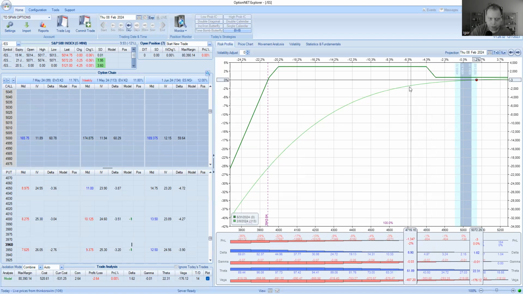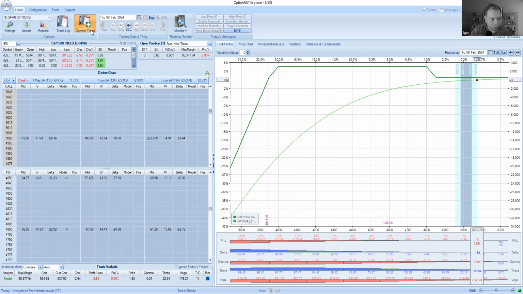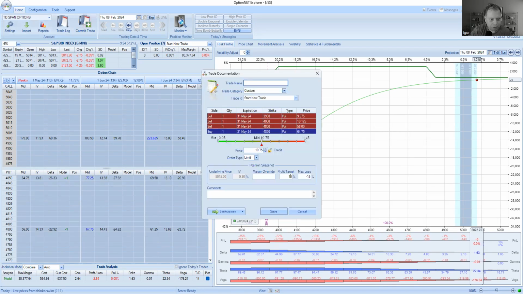Or if things get really, really serious and the market continues to trade lower, that put debit spread that I'm looking to bring in as a hedge is going to help me hold this trade a little bit longer and maybe delay my stop out. So that's the idea. I am going to put this into Optionet Explorer. My put debit spread is at 48.50, 4,800. And the short naked puts: 1 put is at 4,000, 1 put is at 39.50.